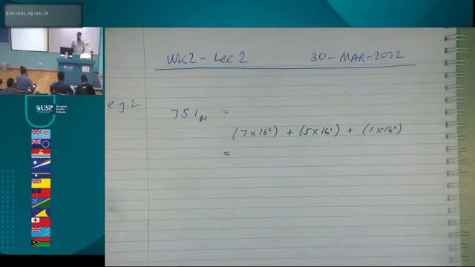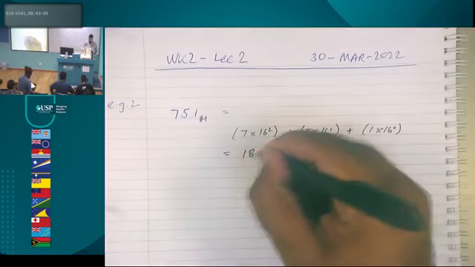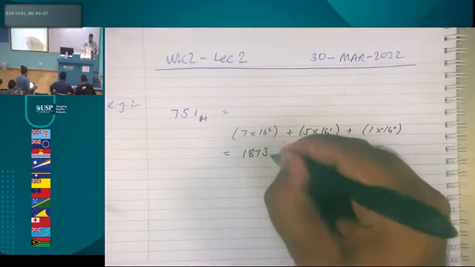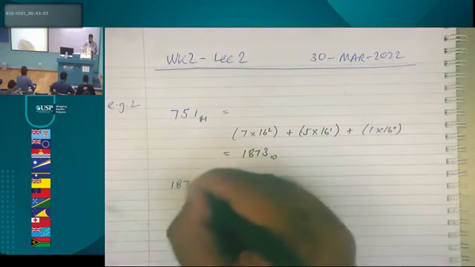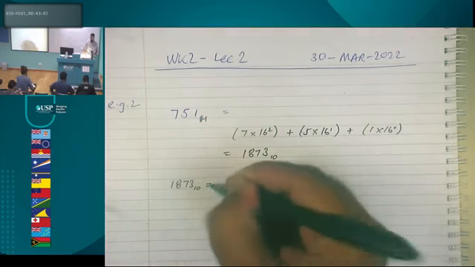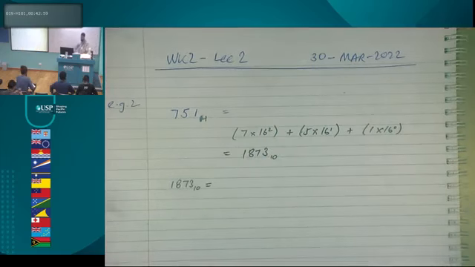Give me the final answer in base 10. 1873. That's it, a 4-digit number in base 10. Now 1873 base 10, can you convert that into binary, please?